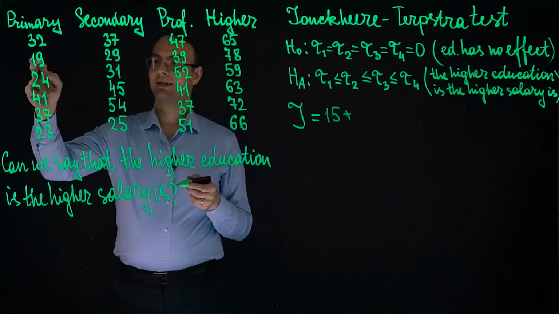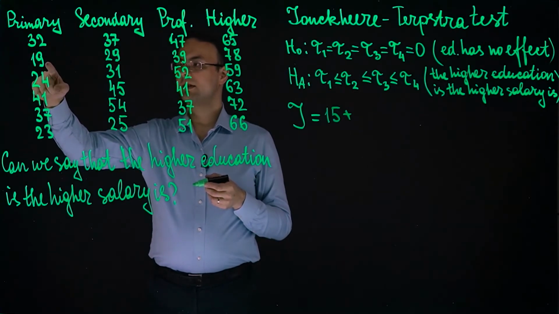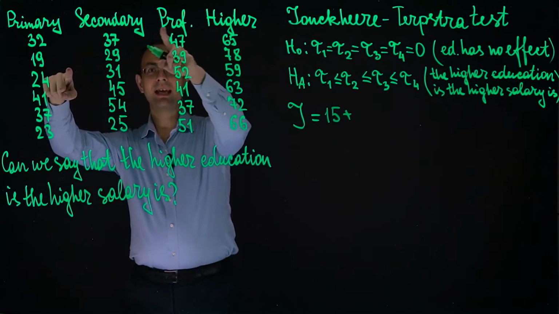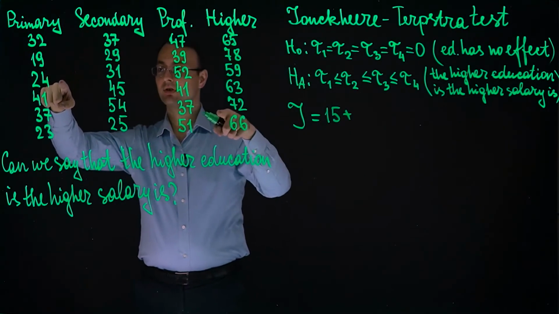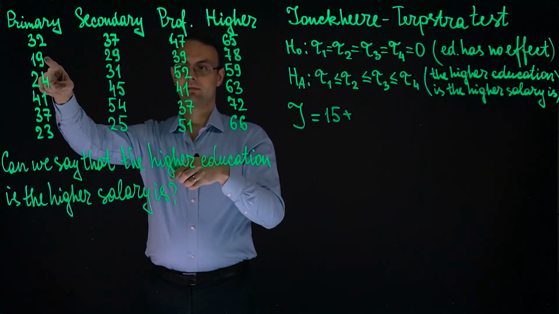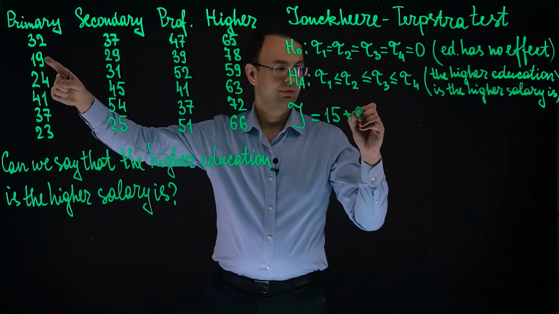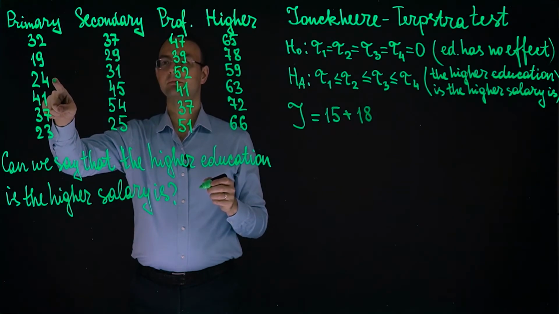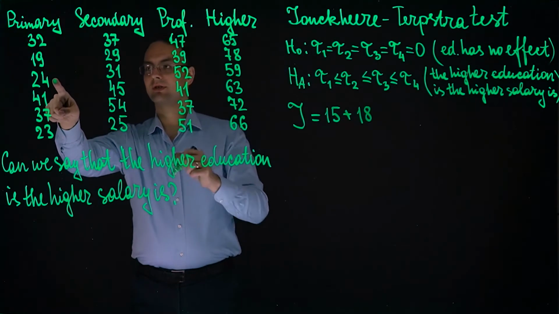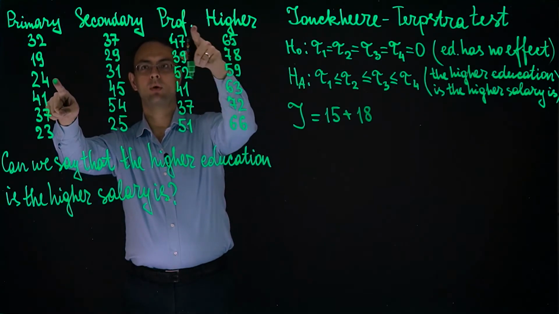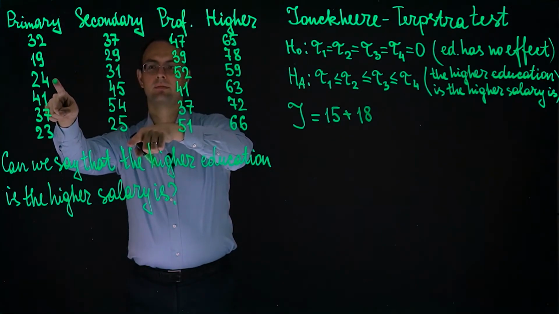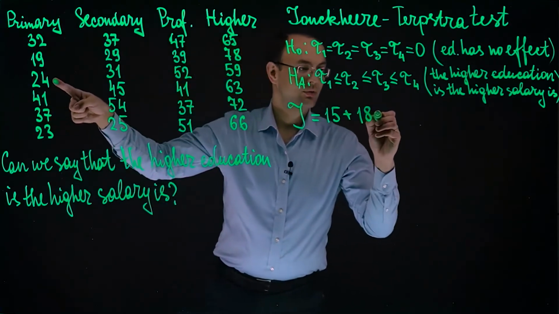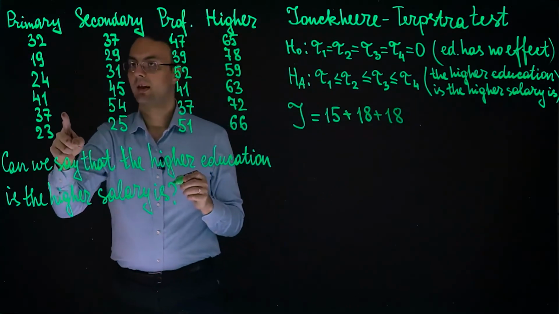Then 19. 19 is the least observation, and here in total we have 18 observations, and they are all greater than 19. So plus 18. Then 24. And 24 is also less than all these. The least of the others is 29, which is greater than 24. So plus another 18. Then 41.